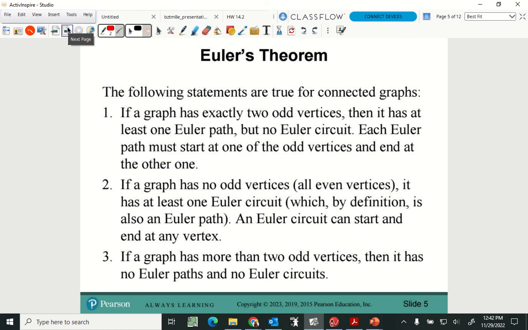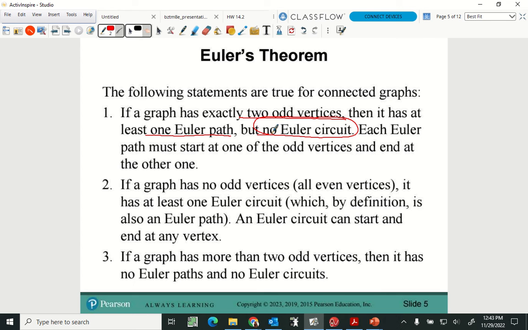Okay, so right here, the following statements are true for connected graphs. If a graph has exactly 2 odd vertices, then it has at least one Euler path, but no Euler circuit. So what does that mean?